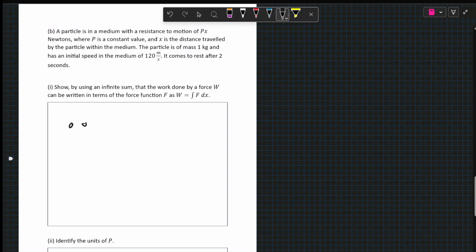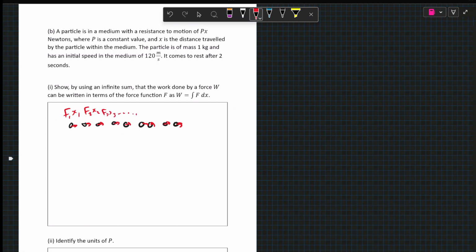So, if you have a bunch of different forces acting at different points like this, then this is going to be the first force times the first distance, and then F2, X2, F3, X3.